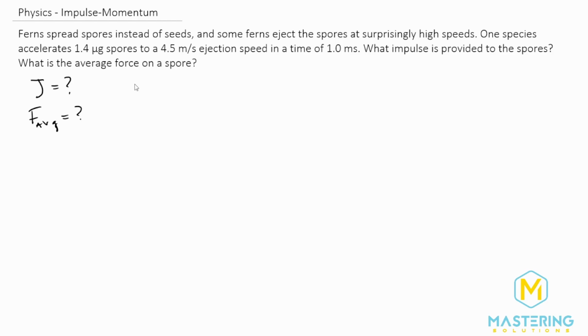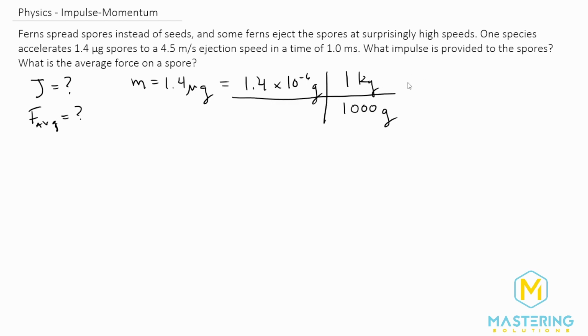So if we write down our variables in this problem, we know that the mass is given as 1.4 micrograms, which obviously is not in SI units. So that can be rewritten as 1.4 times 10 to the negative 6 grams. And we know that in 1 kilogram, there is 1,000 grams.